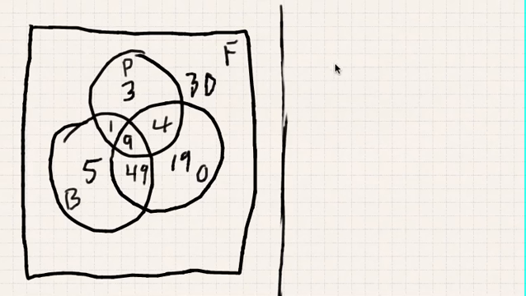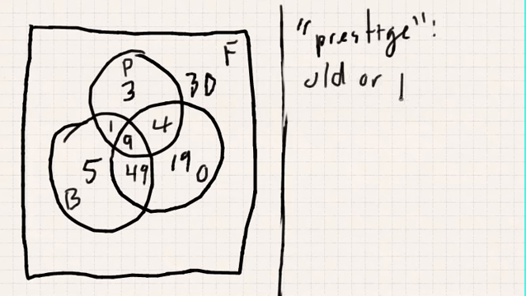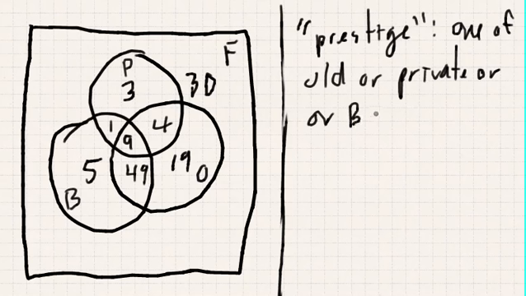So what sorts of questions can we ask then? Well, what sort of prestige? Let's suppose we ask what schools are prestigious. What might prestige mean? That might mean that you are old or private or BCS. So that means everybody in all of these guys.